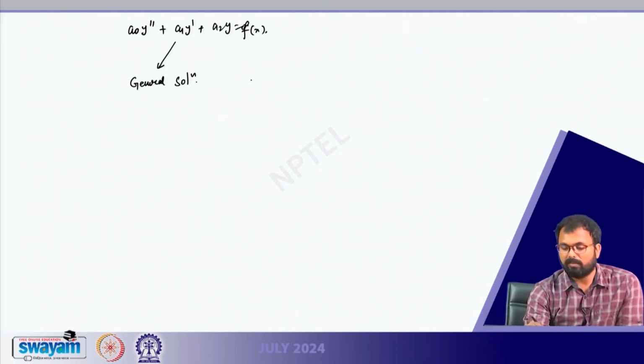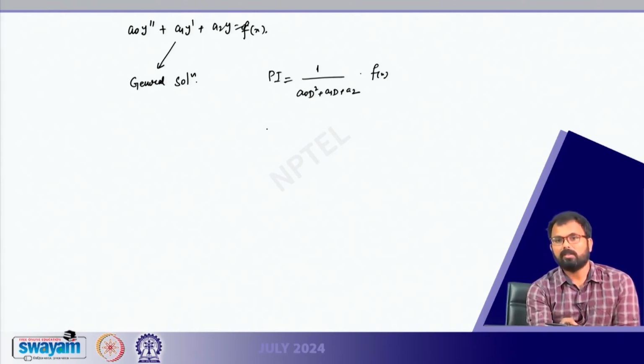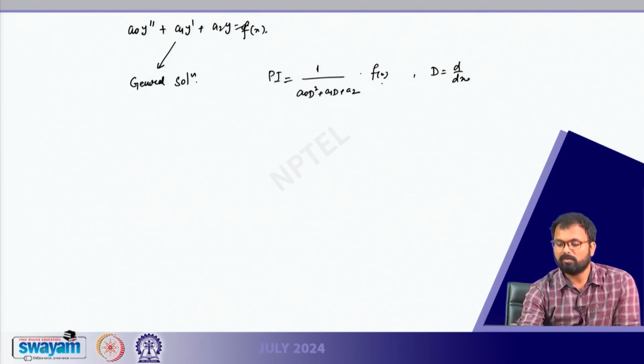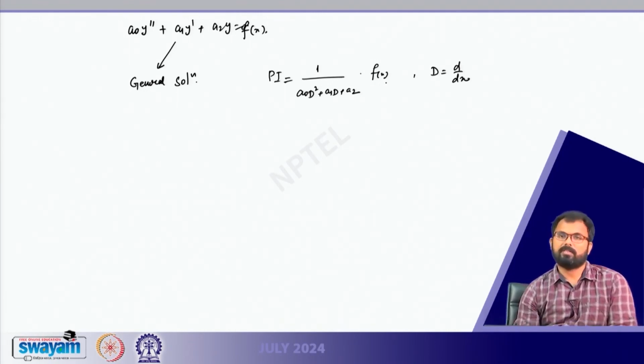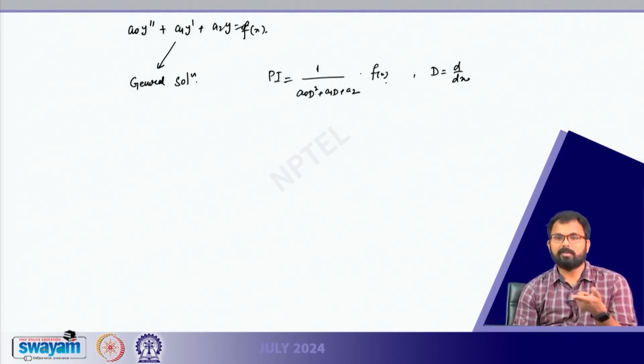And then we also find out the particular integral, which will be given by 1 by (a0 D squared plus a1 D plus a2) of f(x). Because you can take y out, and then it will give you this a0 D squared plus a1 D plus a2, where capital D is d/dx, and then you try to calculate this 1 by this D operator of f(x). Clear?